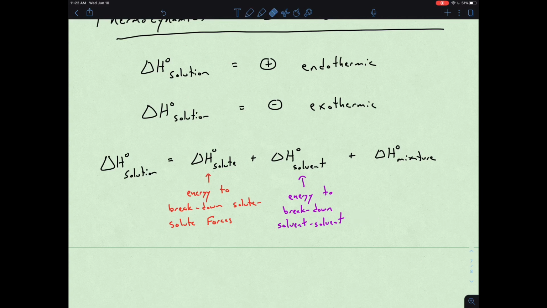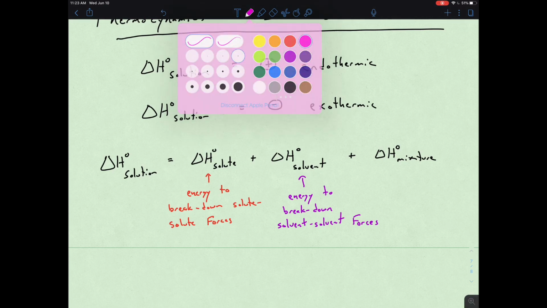So again, that's that idea that each one of these has to make room for the other, that the solute has to make room for the solvent, and the solvent has to make room for the solute. So that means that there's this breakdown of forces of attraction to create that room.